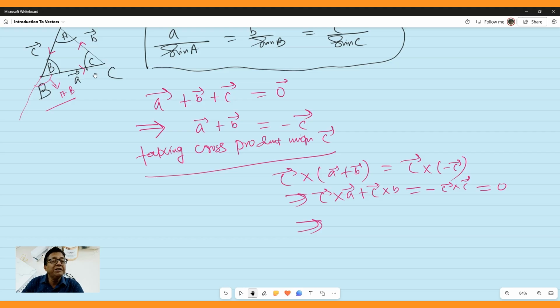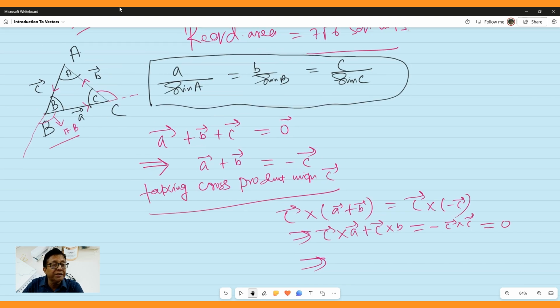When you consider C cross B, that rotation sense tells that... wait a minute, C cross A and C cross B. C is this way, A this way.